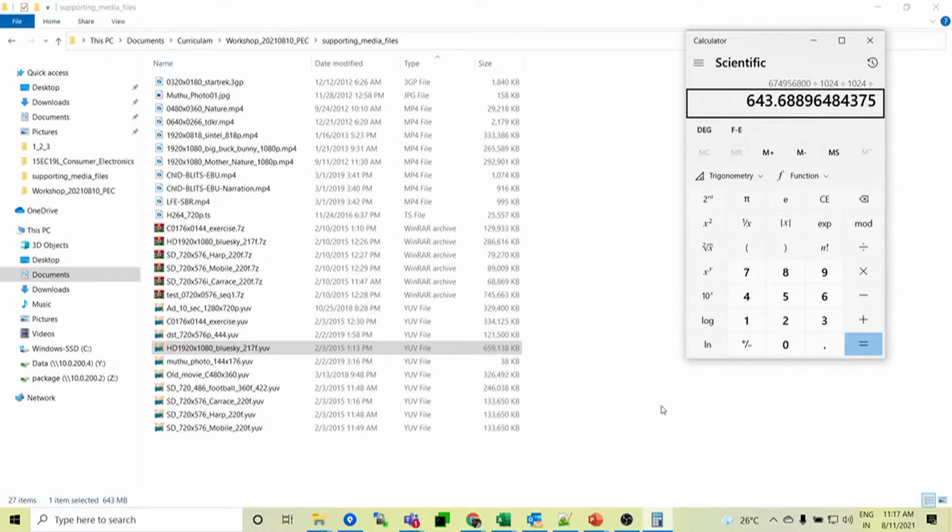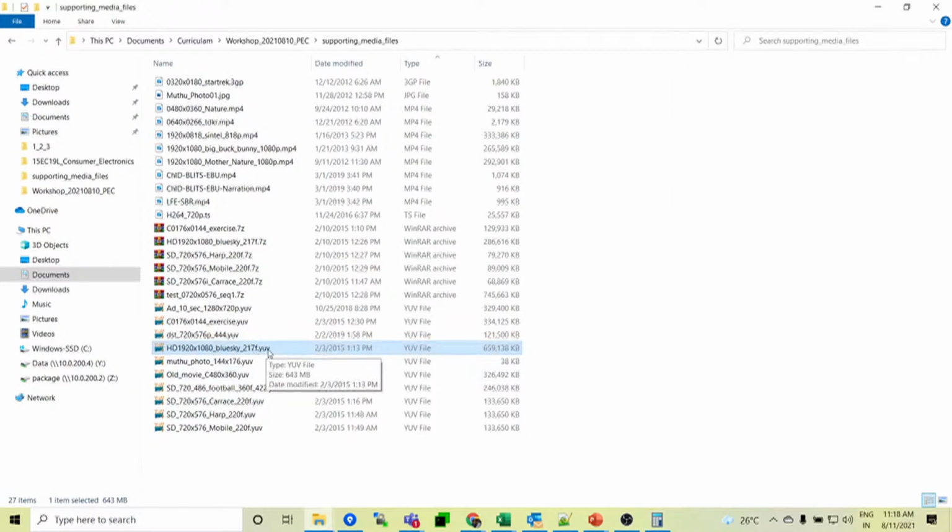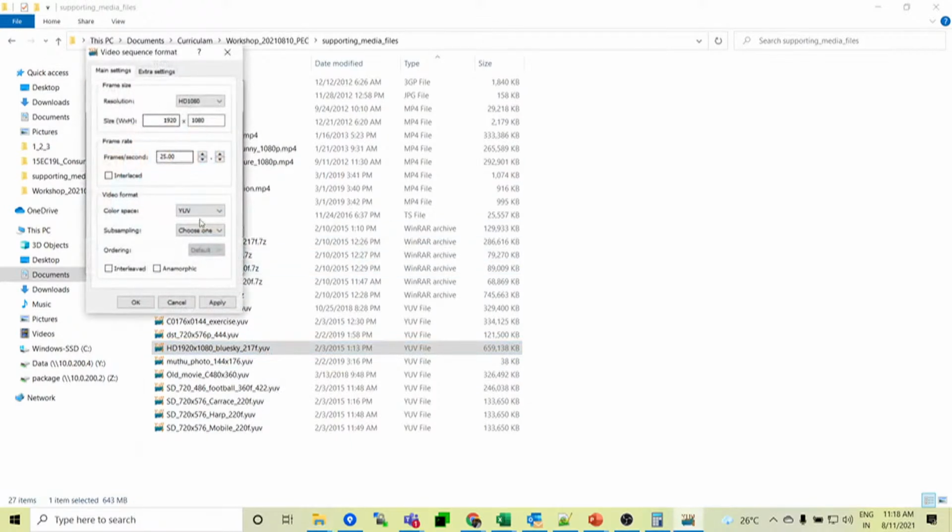Is there any difference? There is a difference. In MB, it is 643.68 MB. So 217 frames means it has to be 643, but it is 659. So my 217 may be wrong, correct? Let me check how many frames are present.